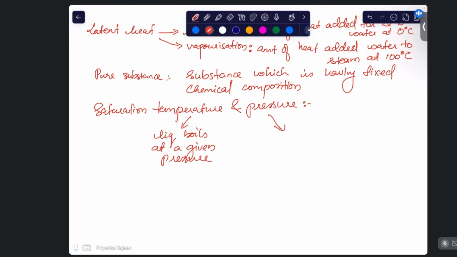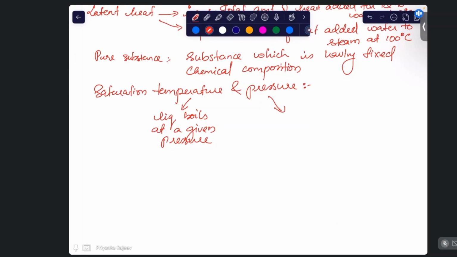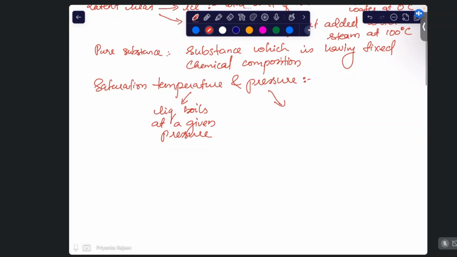Then saturation pressure means the pressure at which liquid boils at a given temperature.